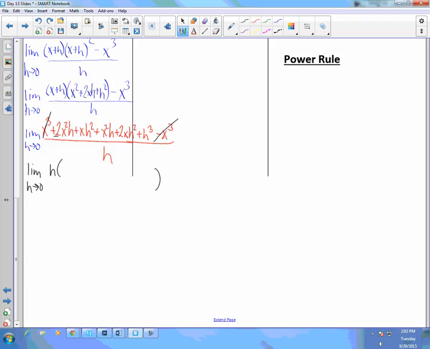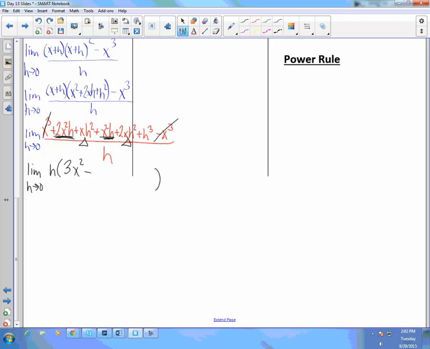I think I have some like terms. X squared h's. How many x squared h's are there? 3. So I factor out h to get 3x squared. Then the x h squared terms. They're also 3. So I factor out an h.